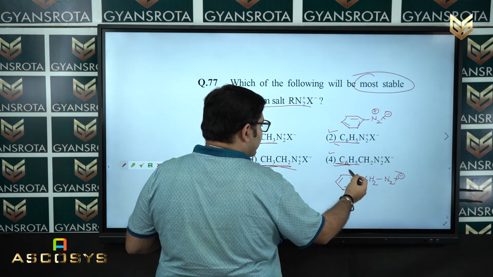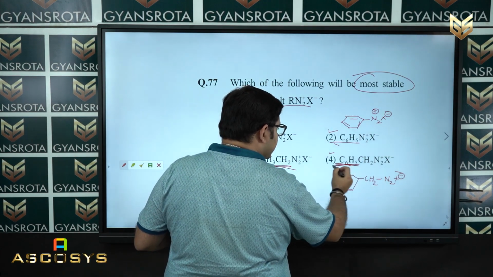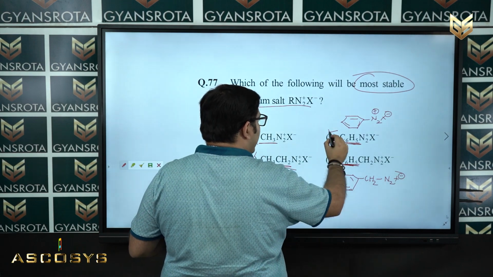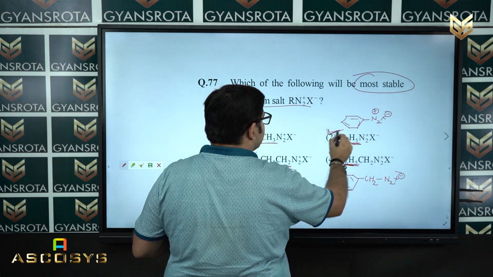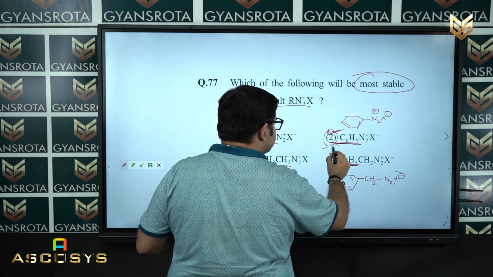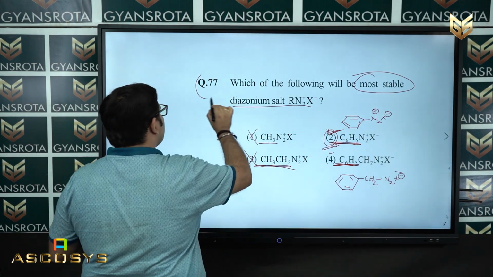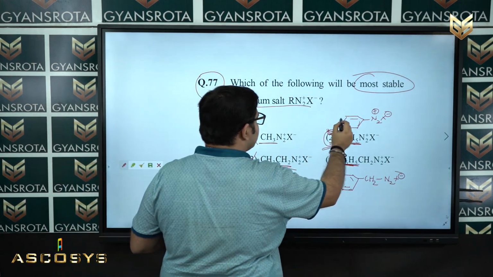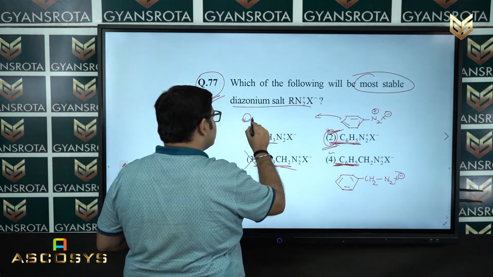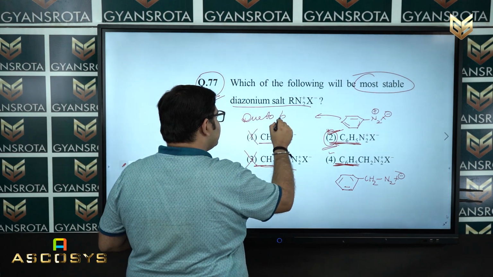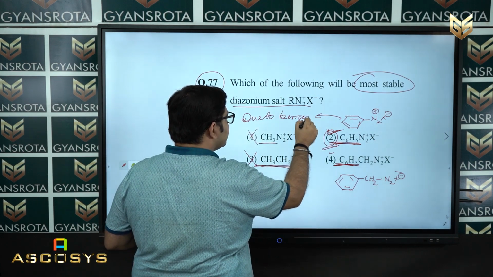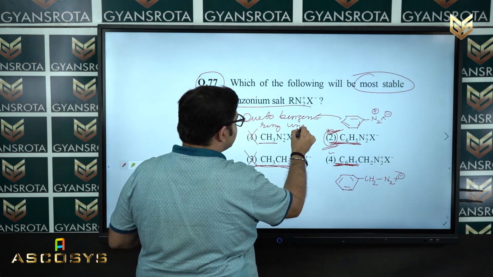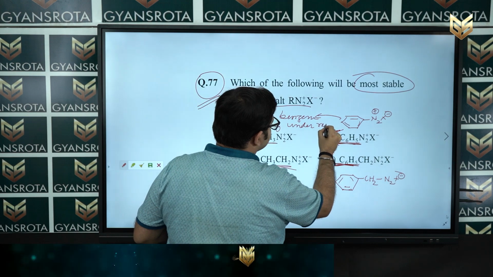So as a result resonance will be absent in this case. So resonance is present only in your option number 2, and that is why it will be more stable, and option number 2 is the correct answer of your question number 77. And what is the reason for this? Due to benzene ring undergoing resonance.